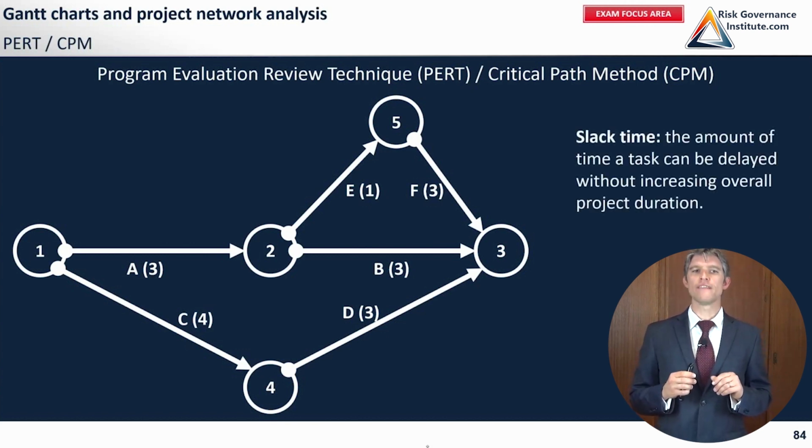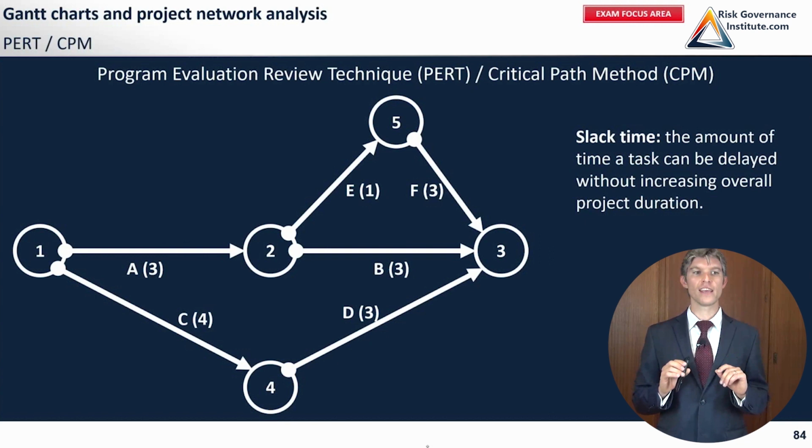We have the concept of slack time. I'm going to make you look for, in this diagram, in this PERT, where you have slack time. Slack time is the amount of time a task can be delayed without increasing the overall project duration. So take a second and look at this overall diagram and tell me, where can we wait just a little bit?